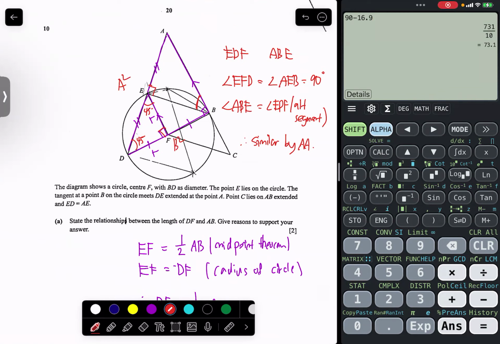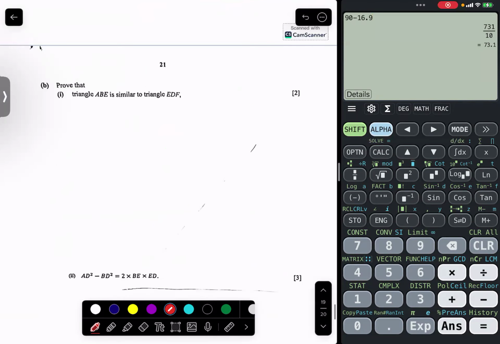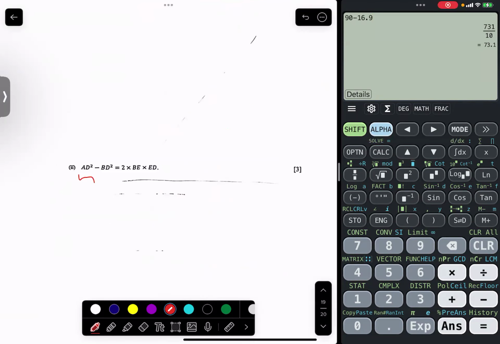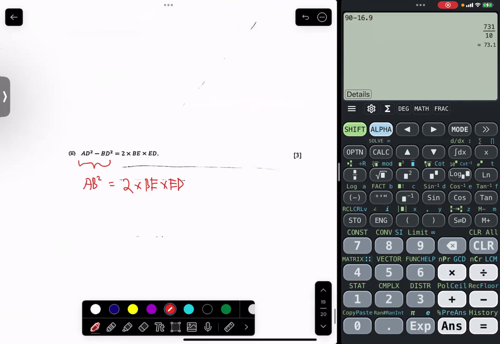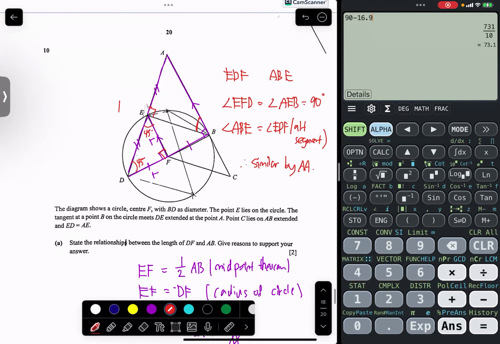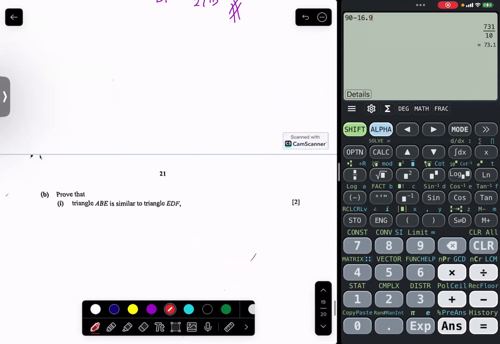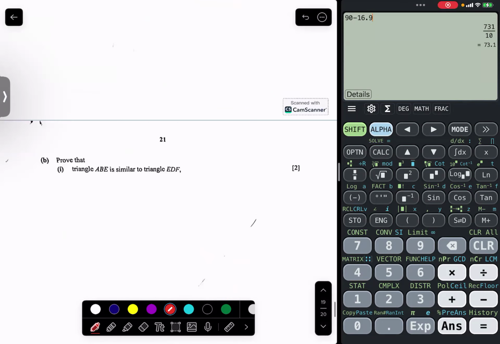Based on Pythagoras theorem, this is AB squared. So AB squared equals 2 times BE times ED. If we can prove that, we can prove what the question wants.